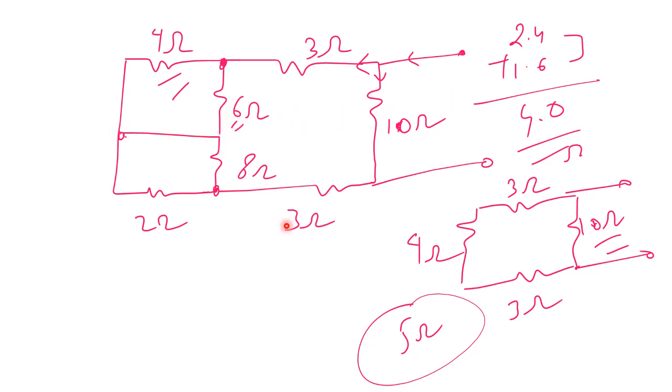I'm trying to calculate RTH looking into the circuit from here. Here there was a voltmeter and a switch, and everything is open because of this. The voltmeter has infinite resistance, so if you look into this circuit, you can calculate the equivalent resistance RTH.